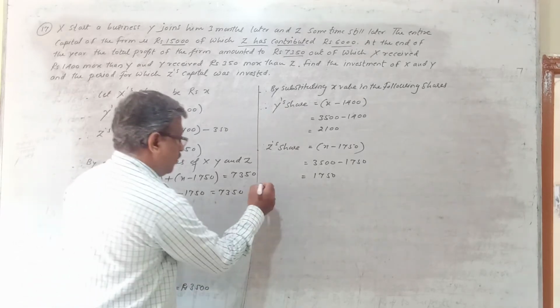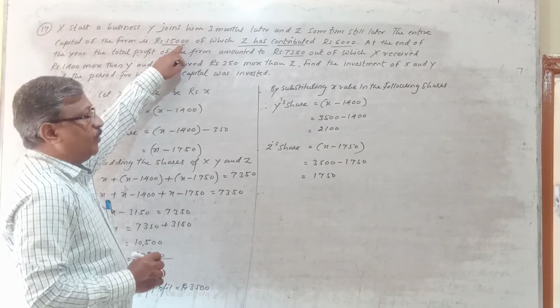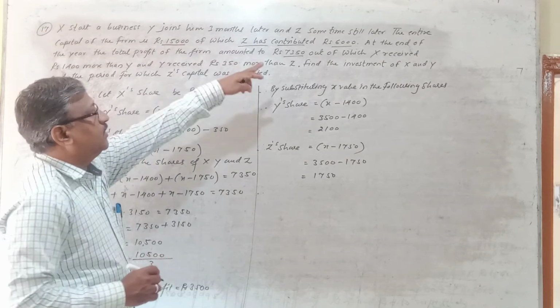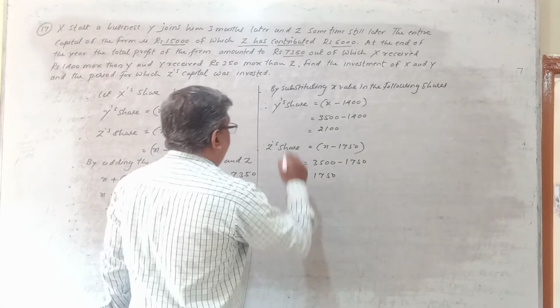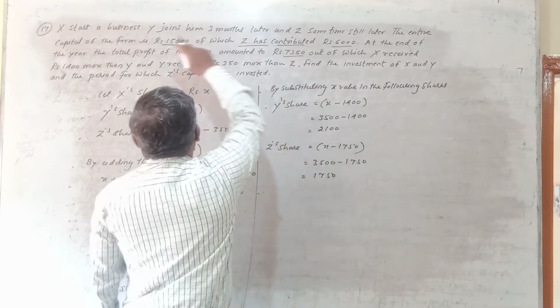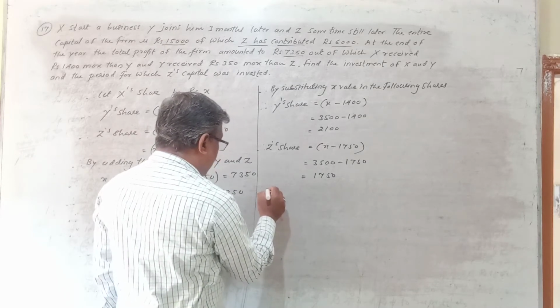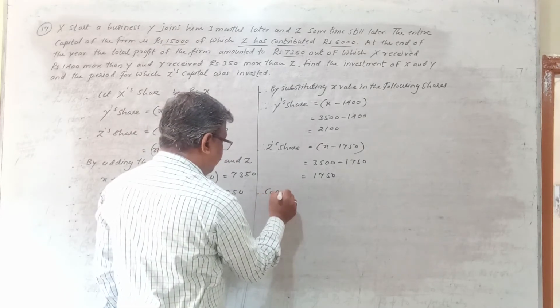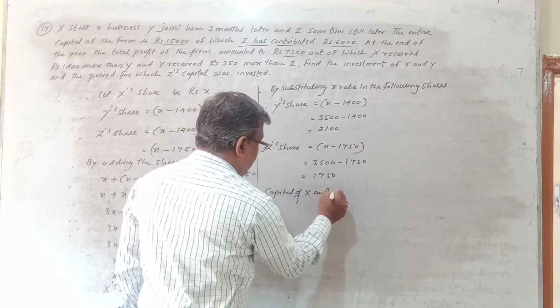Now here we know the total capital of the firm is 15,000. Out of that, z's capital is 6,000. So we can easily find out the capital of x and y.